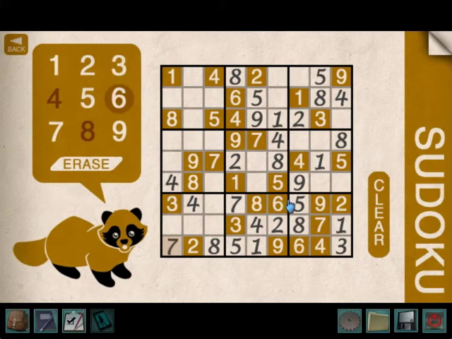So can we do any more 6s, or are we pretty much exhausted on 6s for now? Doesn't seem like we can, so let's do 7s. That one has to go there, which means that this goes there. This one goes there, and this one goes there. Perfect. Okay, that provides a little bit more information for us.